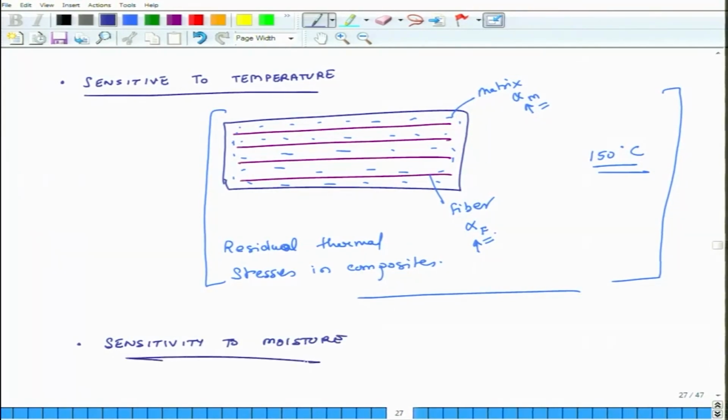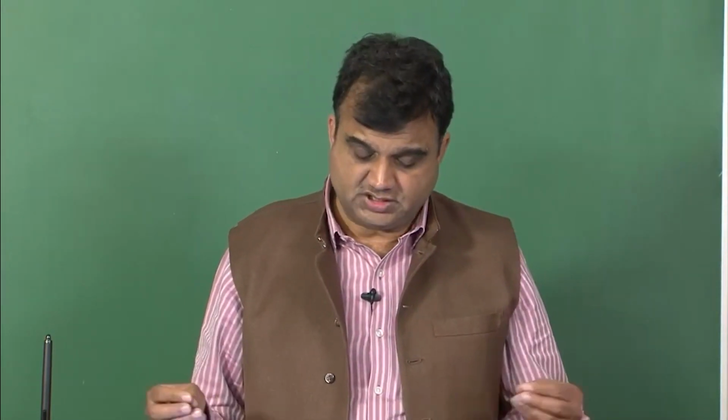Because some matrix materials and in some cases some fibers, they absorb moisture from the atmosphere, and matrix absorbs a different amount of moisture and fiber absorbs a different amount of moisture, and because of this effect of moisture they again go through volumetric changes, and because they are locked into a solid frozen matrix, they again get bent and distorted and they develop residual stresses.